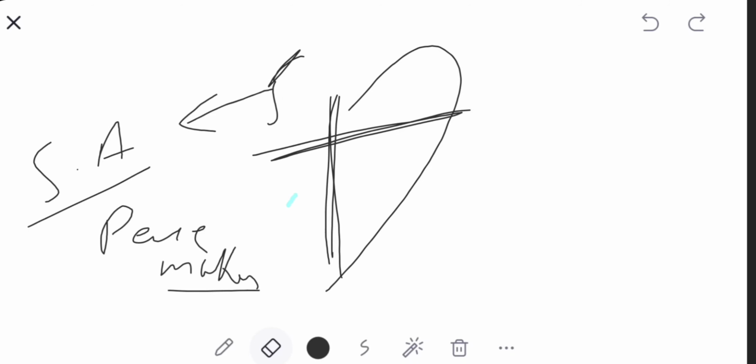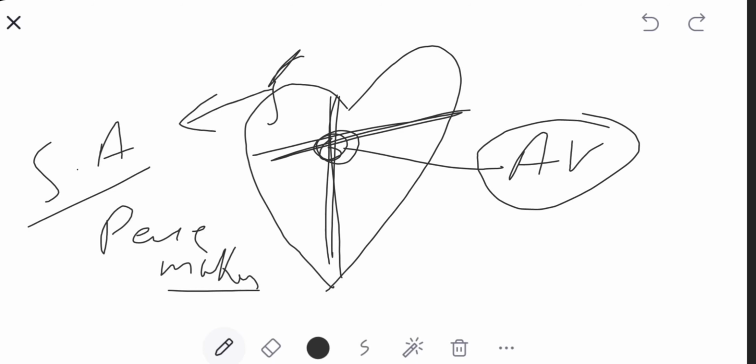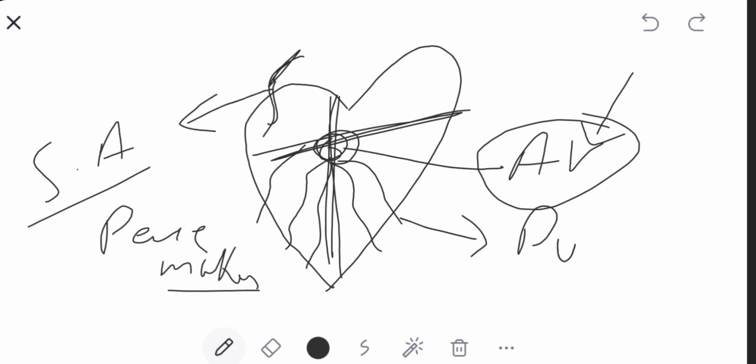With the SA node, we also have something known as the AV node, the atrioventricular node, right here. From the SA node, the electrical activity comes to the AV node, and from the AV node, it is carried to the whole heart by a structure known as the Purkinje fiber. And this is how the heart beats.